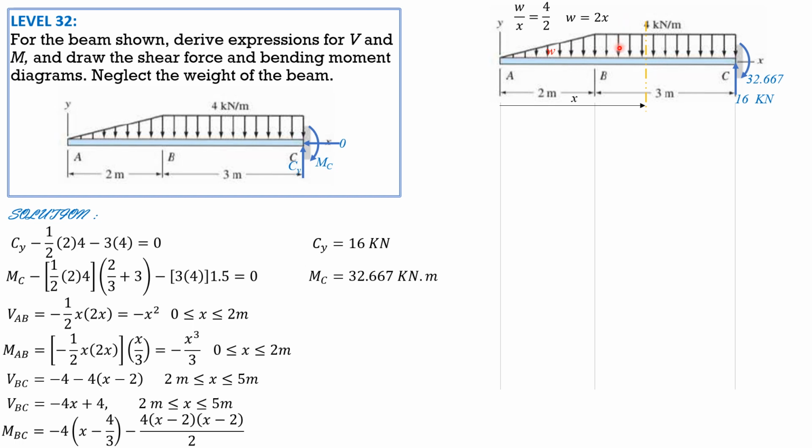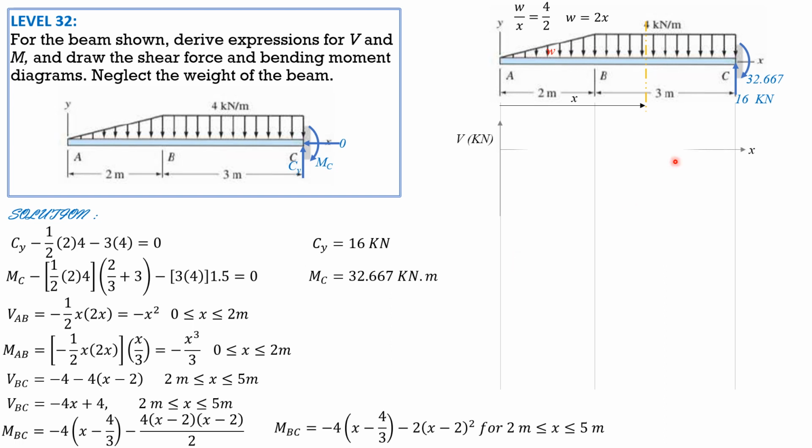The centroid is at the center of the rectangle, so the moment arm is x minus 2 over 2. Simplifying, moment BC is negative 4 times x minus 4/3 minus 2 times quantity x minus 2 squared. You can simplify, or you may just leave this answer that way.